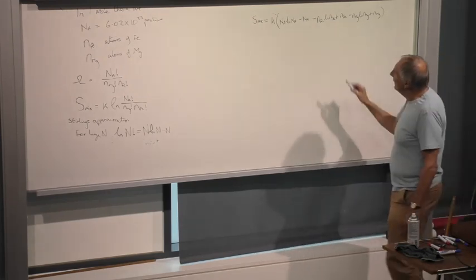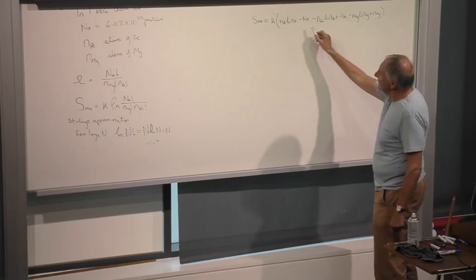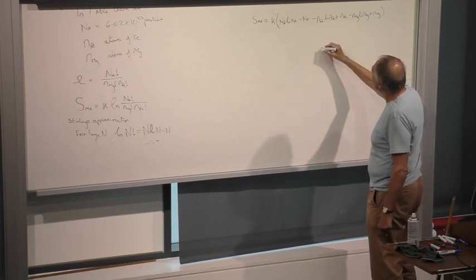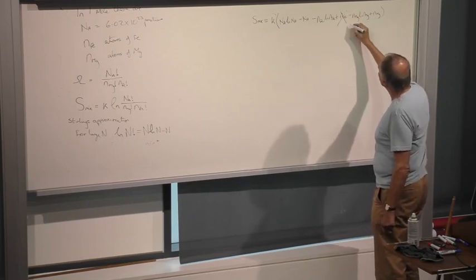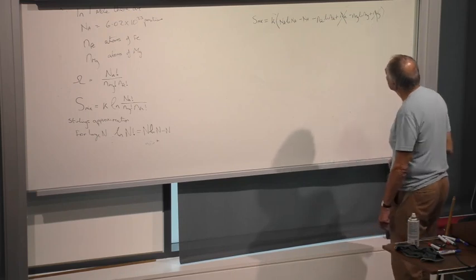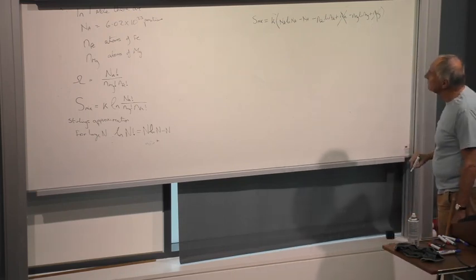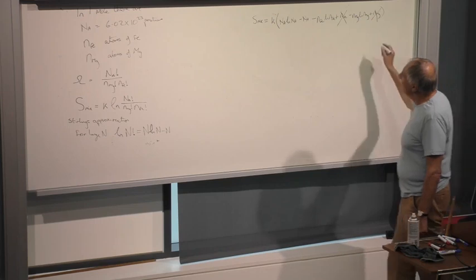Now, NFe plus NMg is equal to Avogadro's number, so that goes with that.